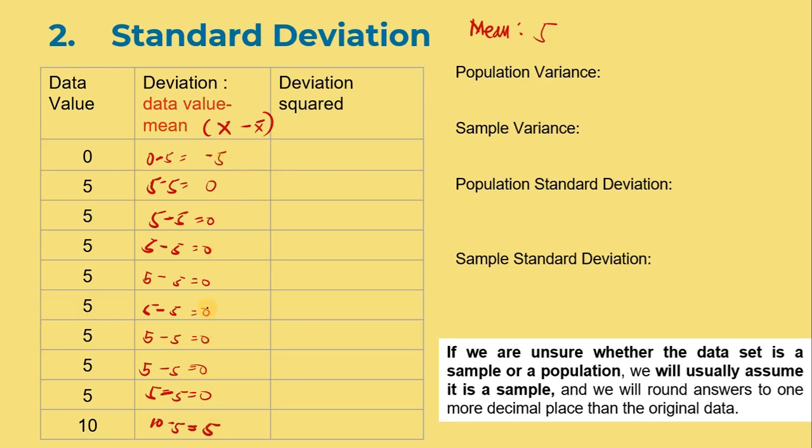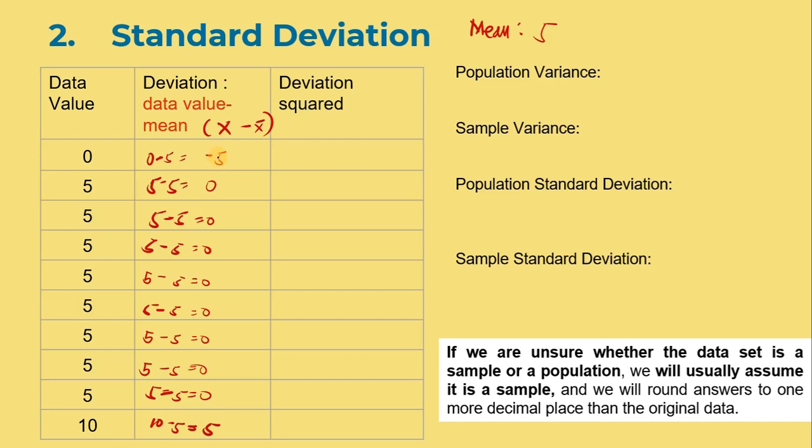After that, if we try to add all these values here, the values would add up to negative 5 plus 0 plus 0 plus positive 5.